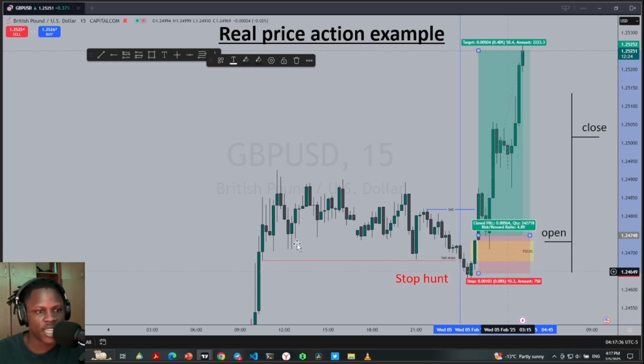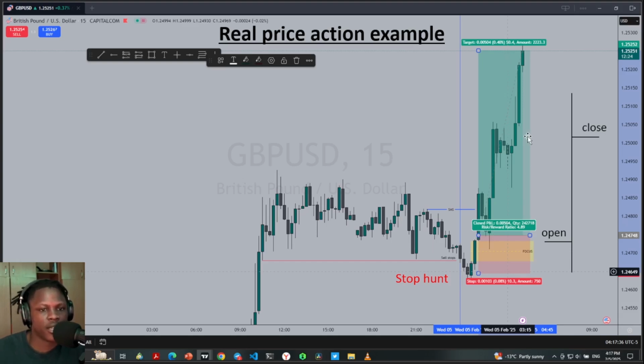They see this as support, so they'll chase, thinking it will go down. But from the market maker perspective, this is a manipulation. You see this accumulation in the Asian session, manipulation, shift in market structure. The market closed above this swing high and then retraced to the fair value gap, enter, and got distributed.